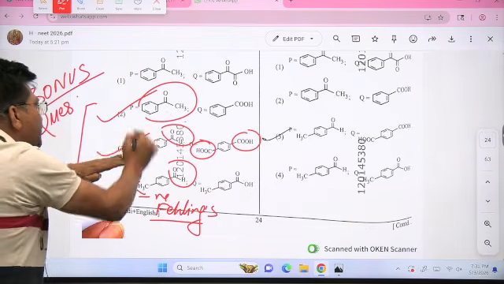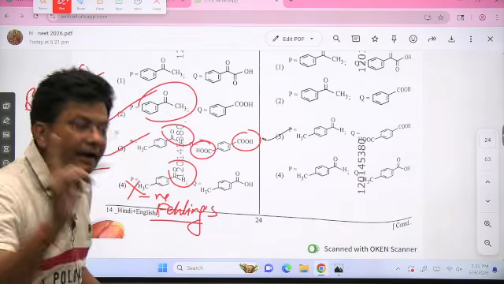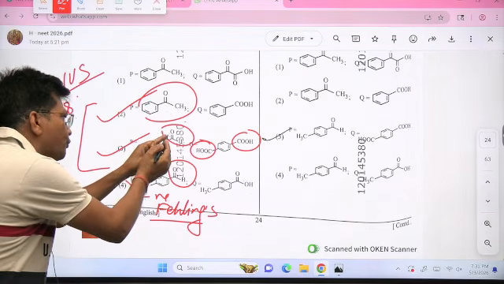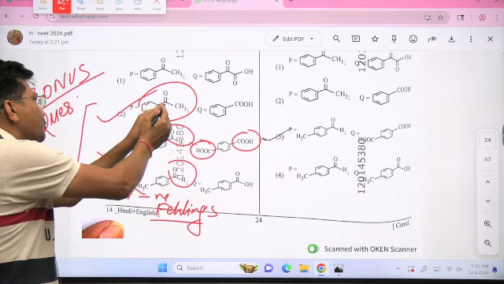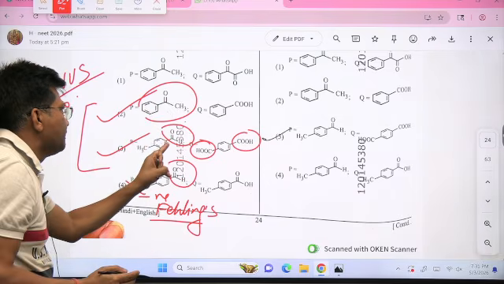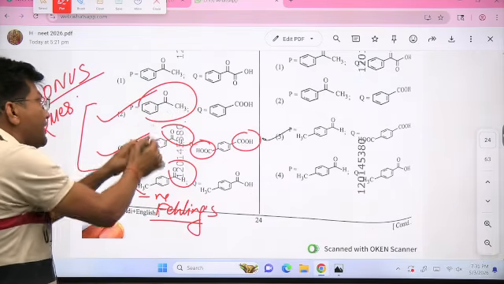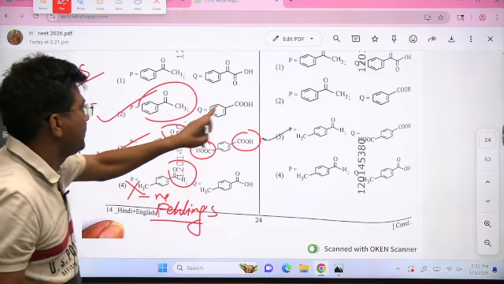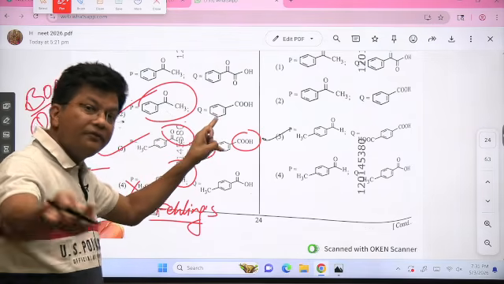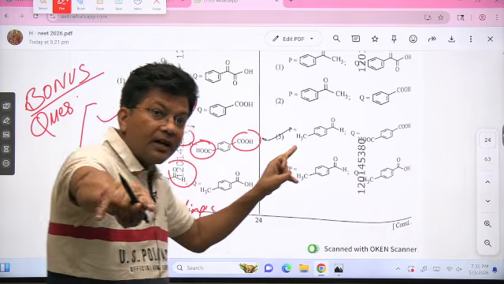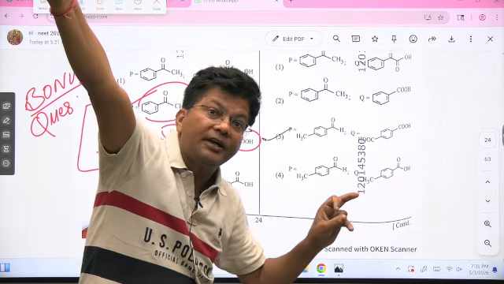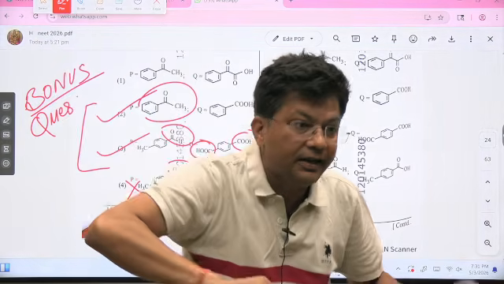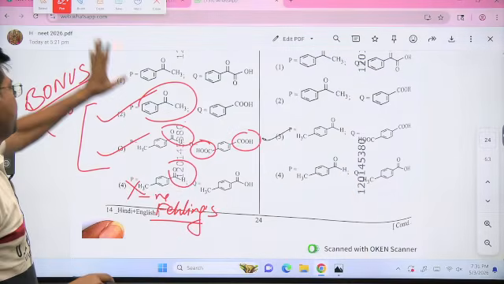So according to me both should be the correct answer, because both will give 2,4-DNP test, both will give negative Fehling's test, and both on side chain oxidation will produce this, which will give positive sodium bicarbonate test, because it will evolve carbon dioxide which will turn lime water milky. So according to me both should be the correct answer.